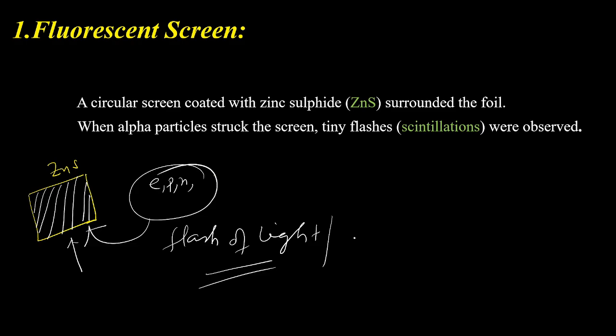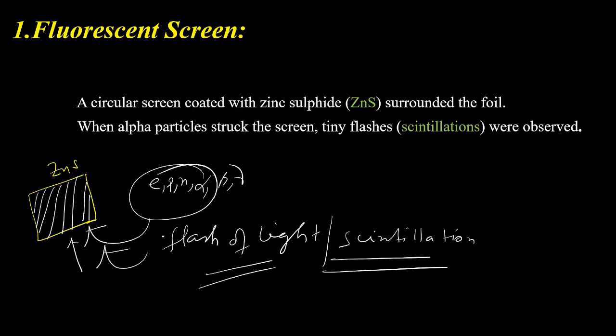This flash of light is called scintillation. Whenever electrons, protons, neutrons or alpha, beta, gamma-like particles hit a surface coated with zinc sulfide-like substances, a flash of light or scintillation is observed. This phenomenon is called fluorescence, and that screen is called a fluorescent screen.